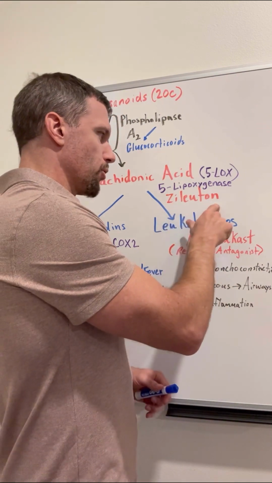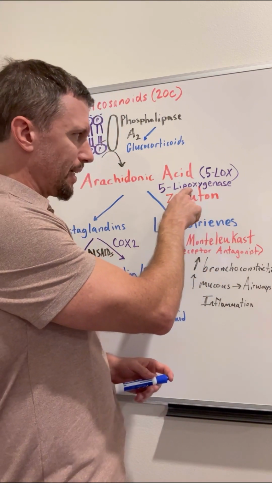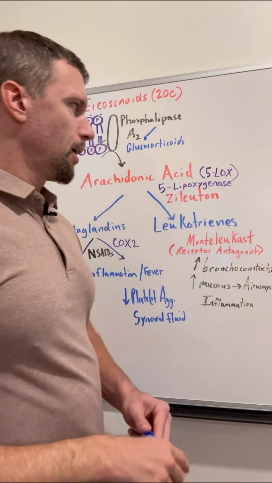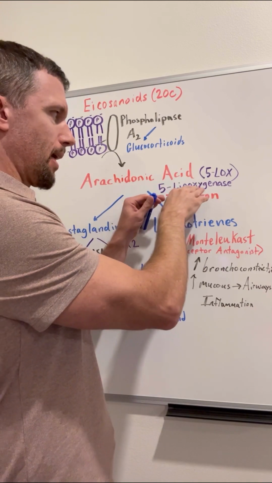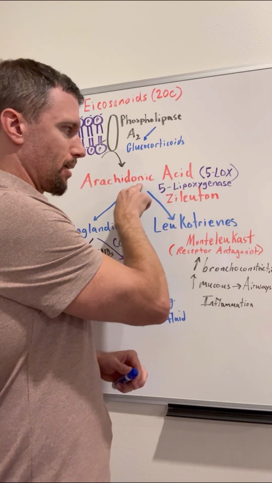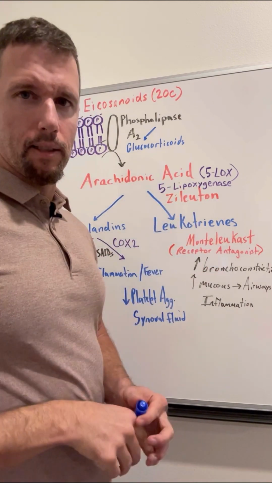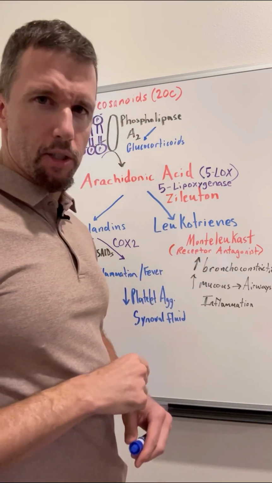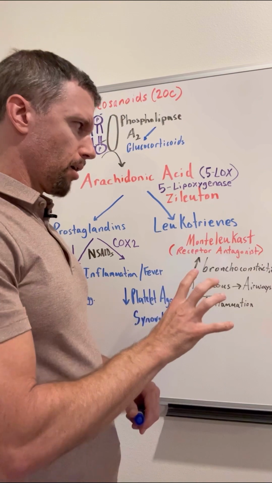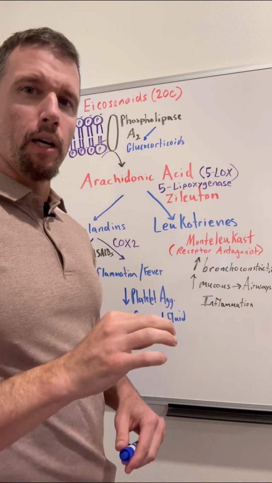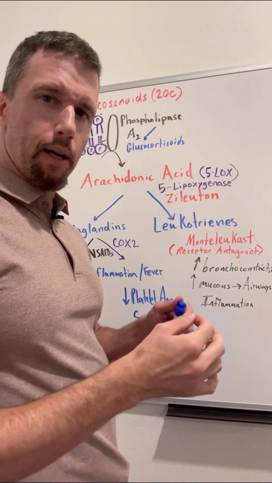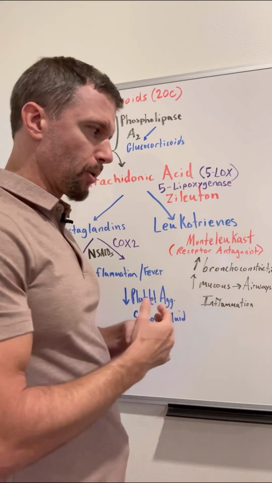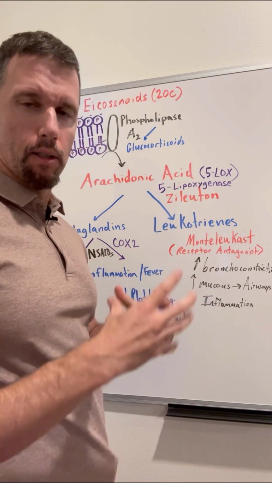One is called Zyflo. Zyflo inhibits 5-LOX or 5-lipoxygenase, and then if you inhibit that enzyme, that arachidonic acid gets stuck here. It can't go to the leukotriene side. And so another drug called montelukast or Singulair, it's a leukotriene receptor antagonist, so it's going to block the leukotrienes from binding to their receptors, maybe their receptors on the smooth muscle of the bronchioles.